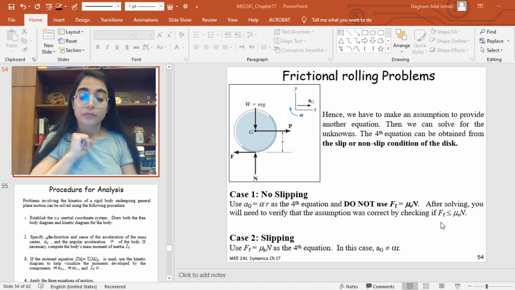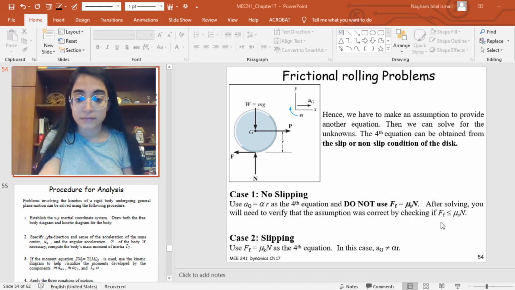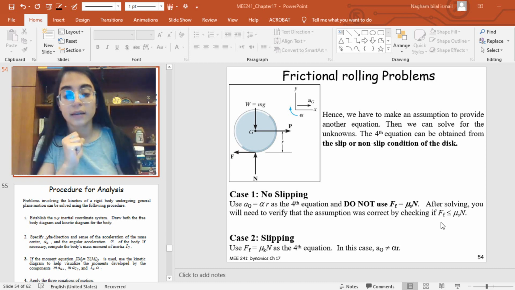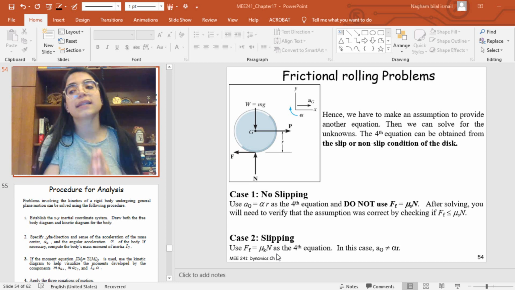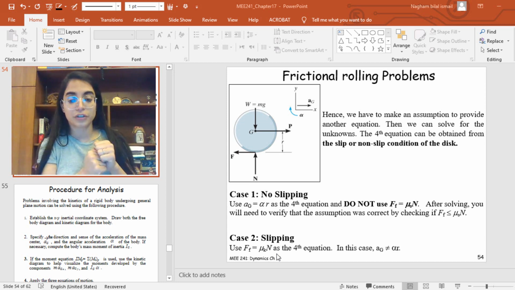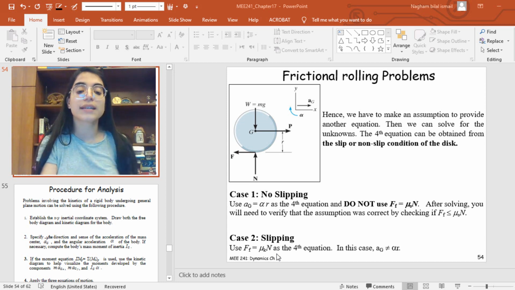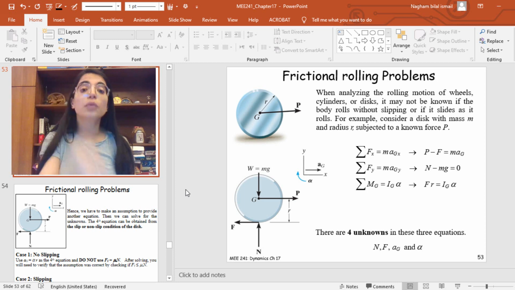But if I have a slipping case, which means there is sliding, you have to use mu_k times N, which means I am now in dynamic friction. So you're going to use F equals mu_k times N as your fourth equation, and then you have four equations and four unknowns, so that you can solve.